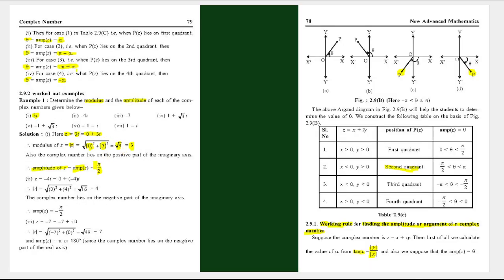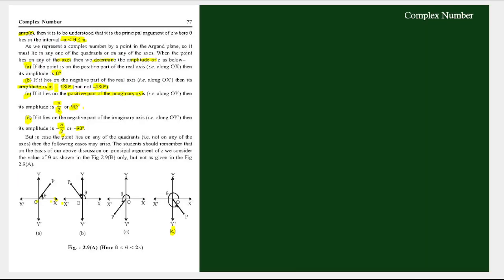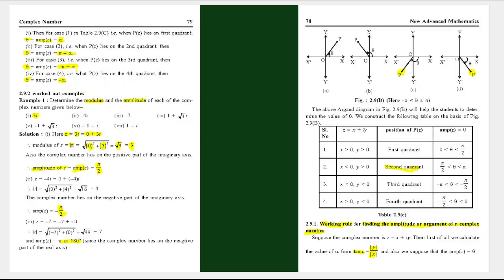Next is minus 4i. Here it is on the negative part of the imaginary axis. If it is the negative part, then minus pi by 2 or minus 90 degrees is the amplitude.